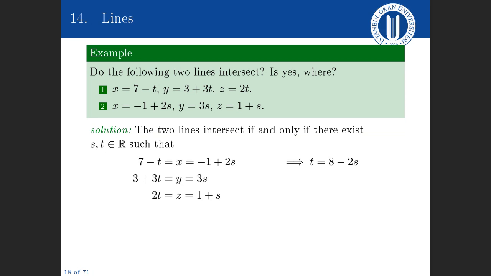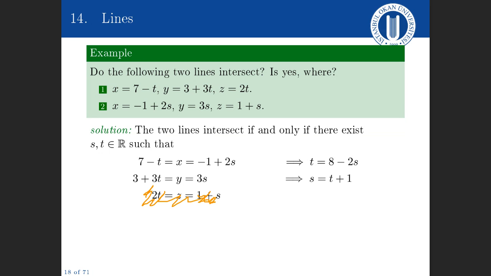What can we say from this? We can take the first equation and see that t must be 8 minus 2s. The second equation simplifies that s is equal to t plus 1. We'll look at these two to start with. For the time being, let's forget about the third equation.